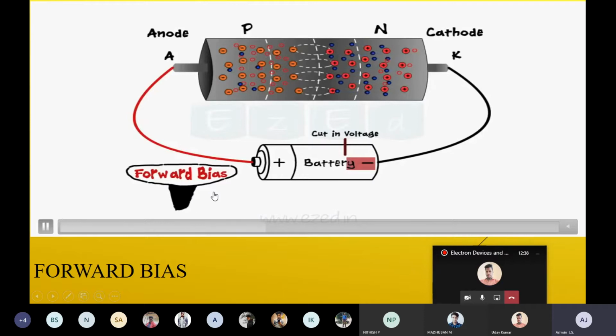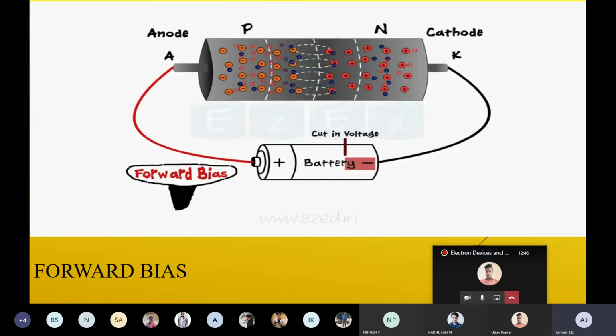After pushing, inside the depletion layer I get free electrons, so the depletion layer is reduced. It is also called the space charge region. Once I give more amplitude, the electrons cross the junction, so the current flow will occur.